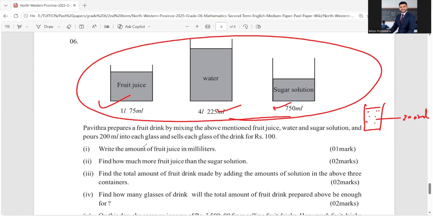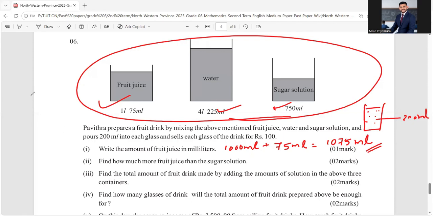And the first question, write the amount of fruit juice in milliliters. It's equal to 1 liter and 75 milliliters. 1 liter means 1000 milliliters plus 75 milliliters. And then when you add that, you get 1075 milliliters.